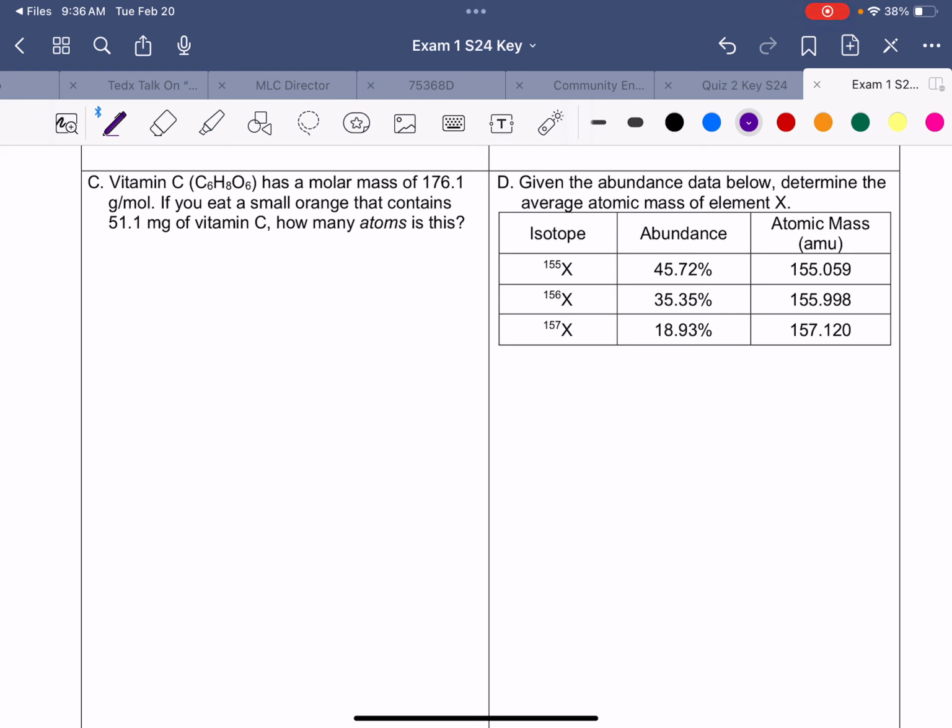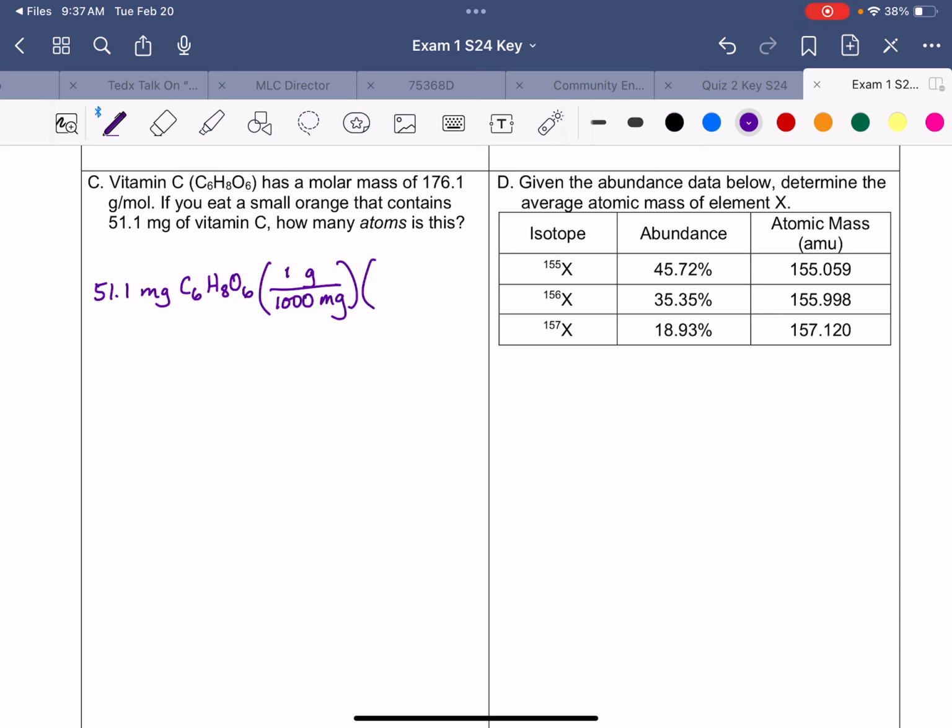The next question, people got most of the way right, but the thing here is that most of you calculated molecules rather than atoms. So we have vitamin C, and we have 51.1 milligrams of the vitamin C, C6H8O6. Most of you correctly said that you had to convert milligrams to grams.